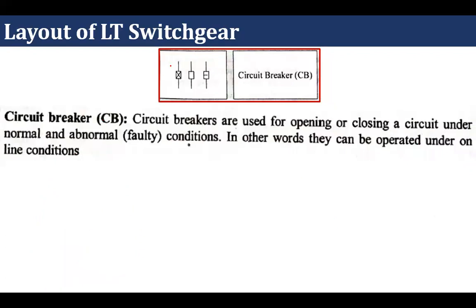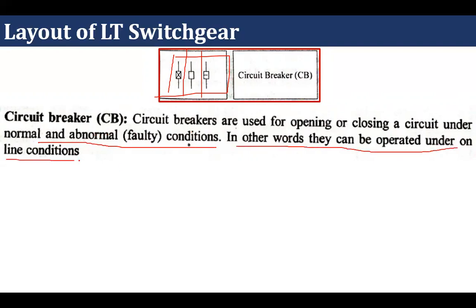Circuit breaker, it is represented by these symbols. Either we can use this one or this one or this one. Circuit breakers are used for opening or closing a circuit under normal and abnormal, that is the faulty condition. In other words, they can be operated under online condition, whereas isolator works at offline condition.